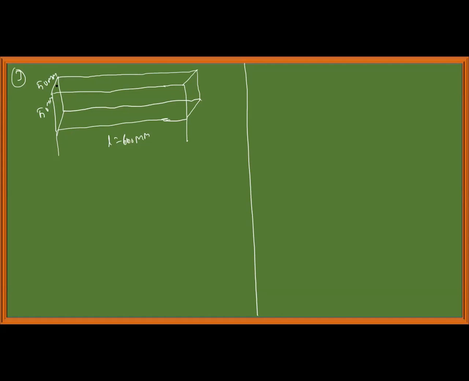If the bar is subjected to an axial load of 120 kilonewton, that should be along the length direction, and a lateral compression load of 600 kilonewton on faces 50 mm into 600 mm.